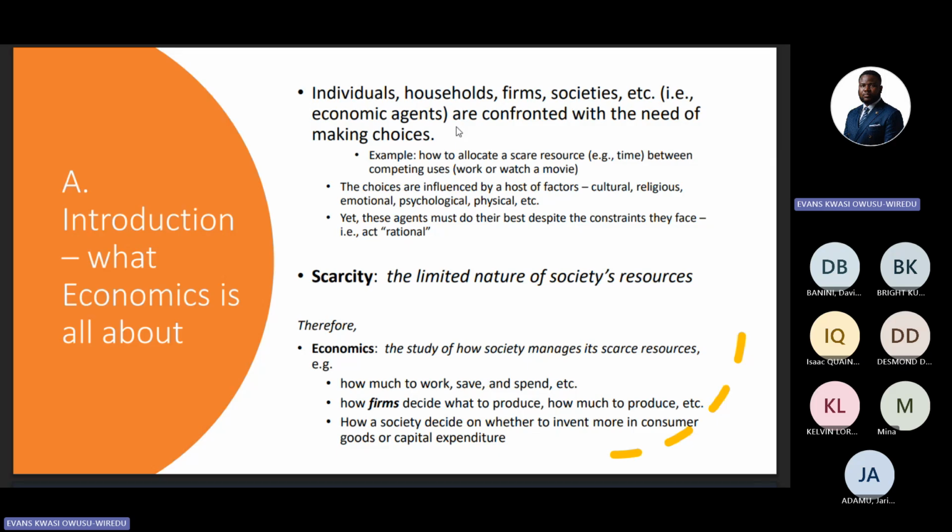So we are going to break down what this slide is basically about. With what you are seeing here, this is basically the reality of scarcity.